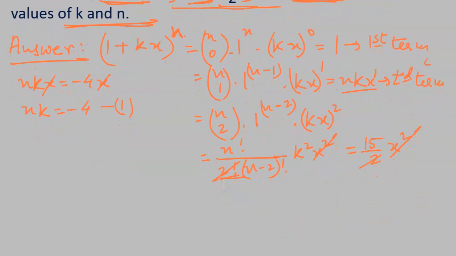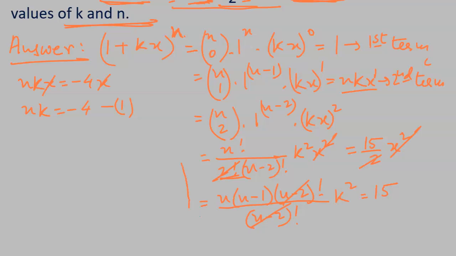Now, coming to the simplification of the factorials, it is n times n minus 1 times n minus 2 factorial over n minus 2 factorial, times k square is equal to 15. Okay, and these two will be getting cancelled.